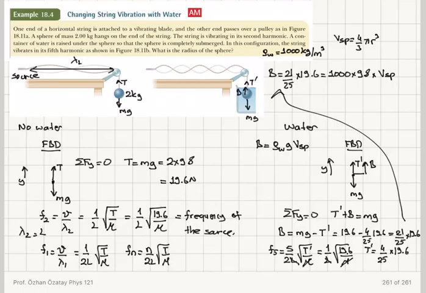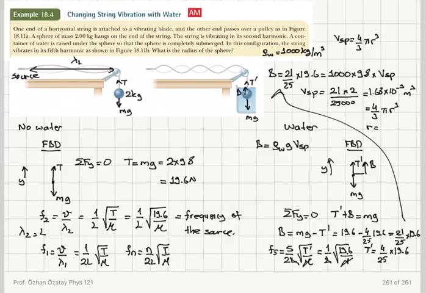So I can calculate the radius. The volume of the sphere is going to be 21 times 19.6 divided by 9.8, that's 2, divided by 25,000. So this will give me 1.68 times 10 to the minus 3 meter cubed, and that is equal to 4/3 pi r cubed.